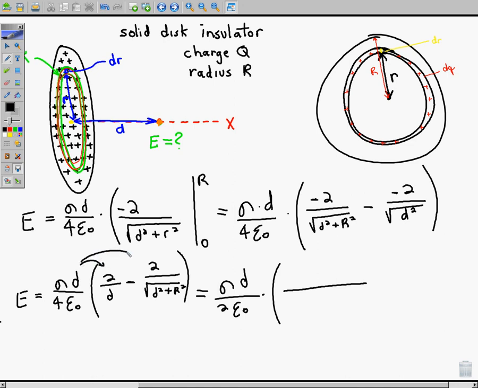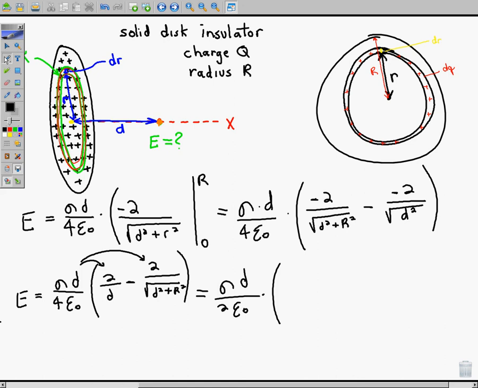If you distribute the d, I already took the 2 out there. I took the 2 out, and then if I distribute that d, what am I going to have for the first term right here?